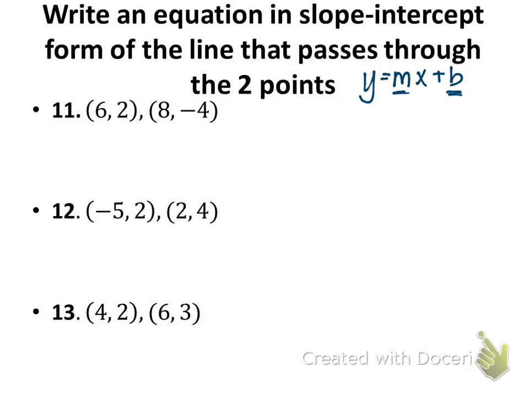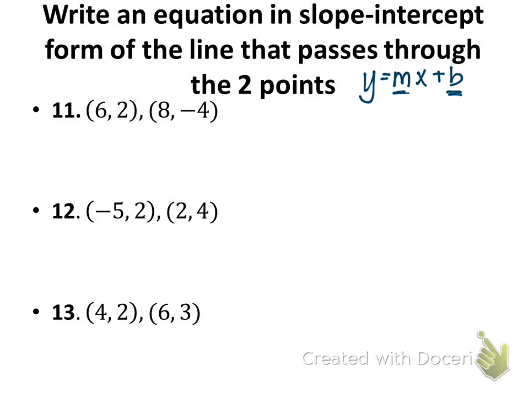Then, in 7 and 8, they gave you m, and they did not give you b. So now, in 11 through 13, they don't give us m, and they don't give us b. We have to know how to find a slope and a y-intercept when you're only given 2 points, without graphing, because we don't want to graph them.